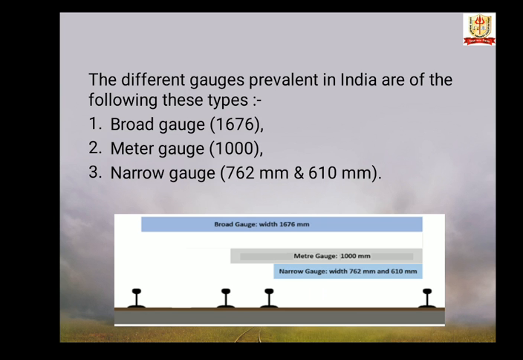This gauge is called a meter gauge, and it is suitable when the funds available for railway projects are inadequate and the prospects of railway are not very high. Next is narrow gauge. The clear horizontal distance between the inner faces of the two rails forming a track is 0.762 meter or 0.610 meter. This gauge is called a narrow gauge.